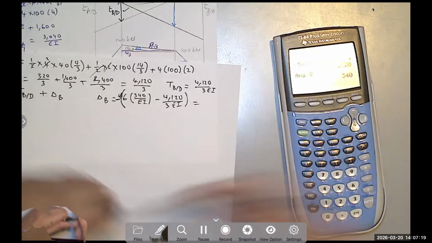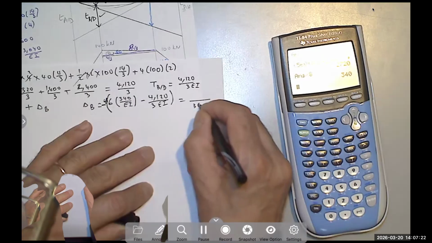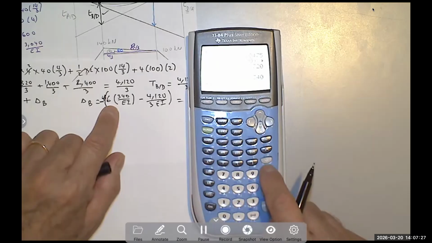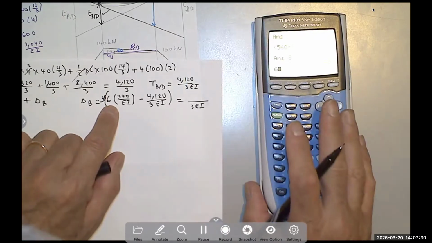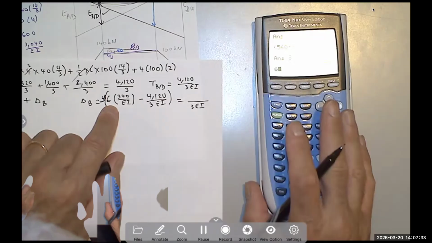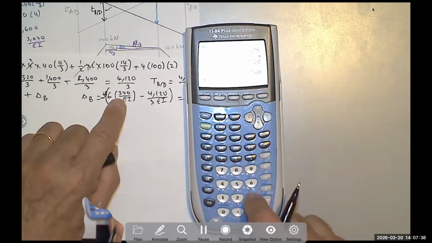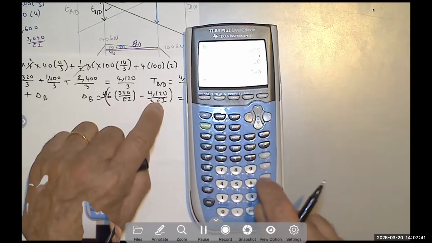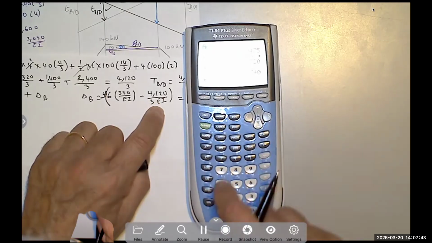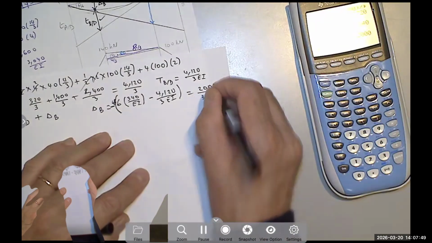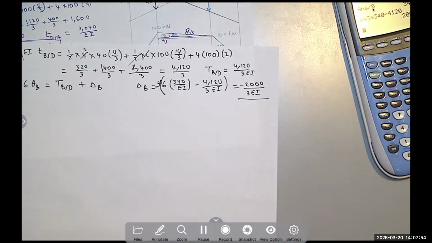So I can take 3EI as a common denominator, multiply 6 times 3 times 340 minus 4120 equals 2000 over 3 EI. In fact, it's negative because it's going down, but that's the deviation or the deflection at B.